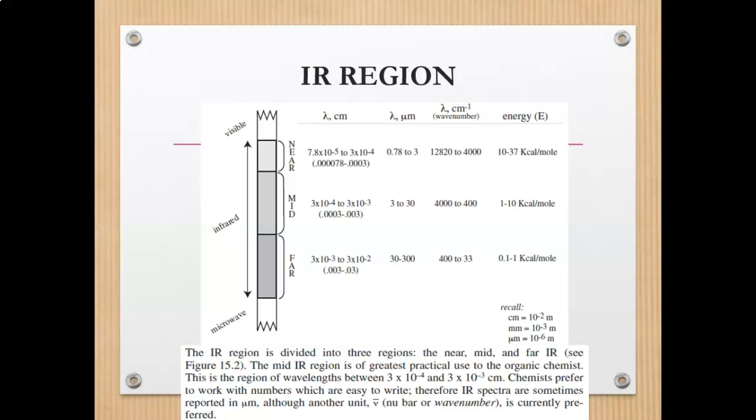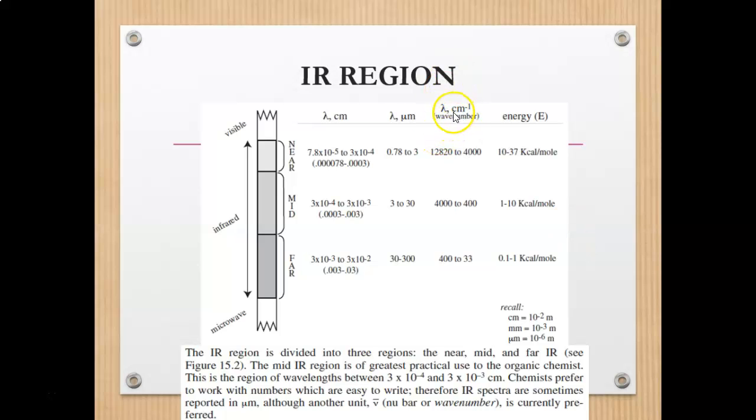Chemists prefer to work with numbers which are easy to write. Therefore, infrared spectra are sometimes reported in micrometer, although another unit, also known as wave number, is currently preferred. So we use wave number, which is cm negative 1.